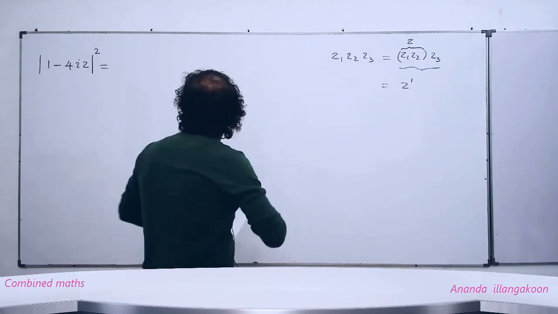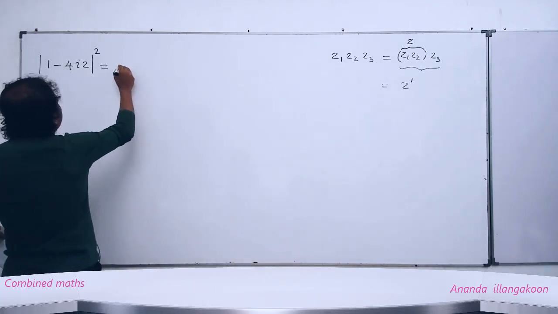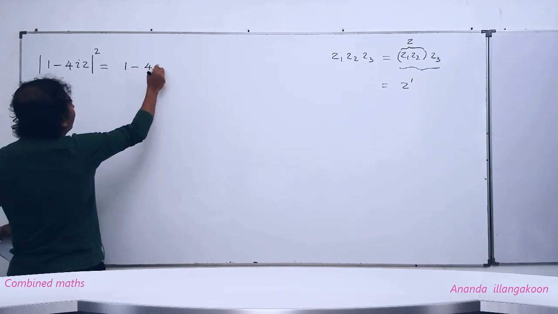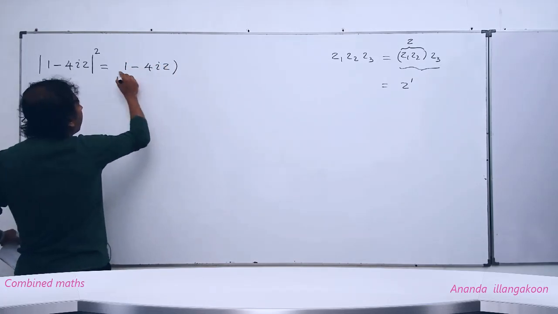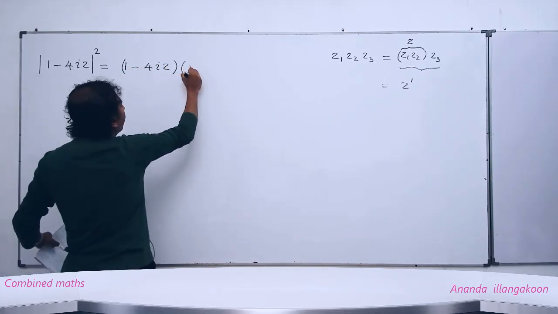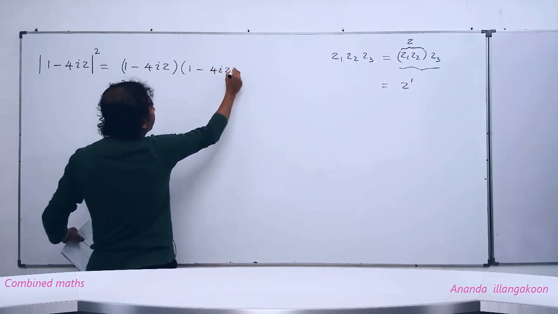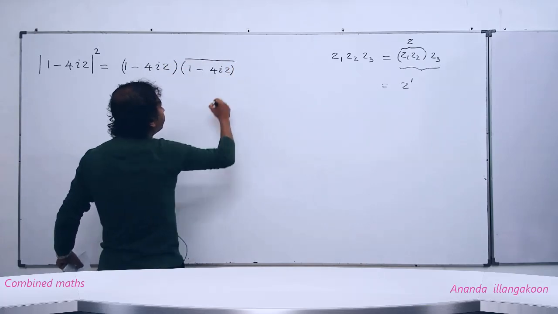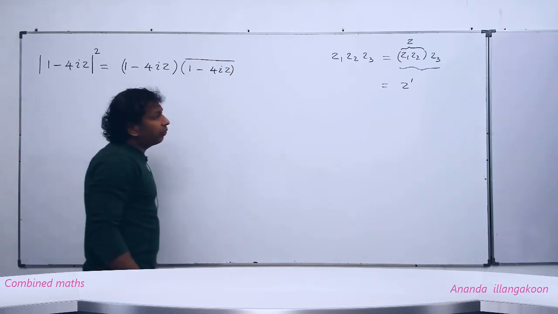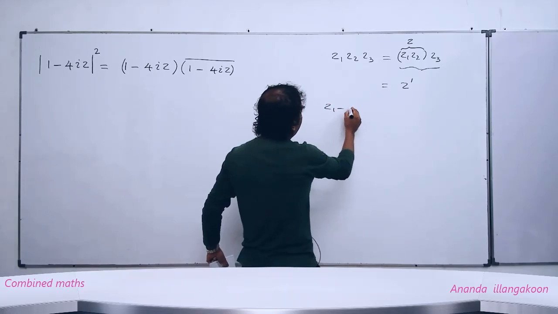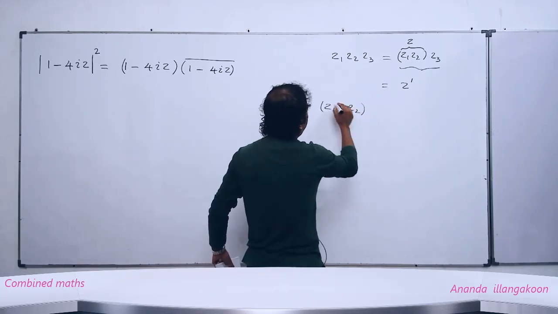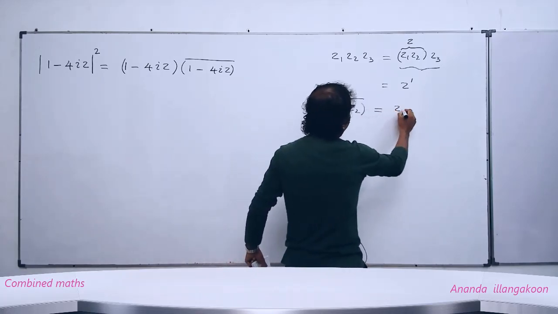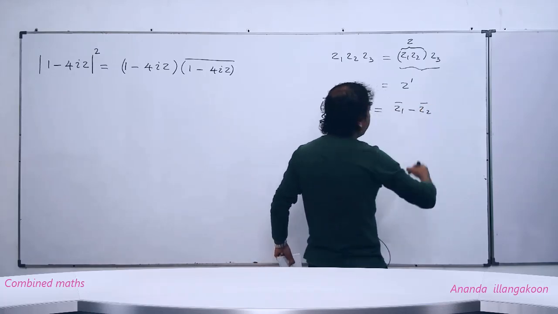So therefore, I can write this one also this way: 1 minus 4iz times the conjugate of 1 minus 4iz, like this. People, can you remember we proved under theories that the conjugate of Z1 minus Z2 is equal to Z1 conjugate minus Z2 conjugate.